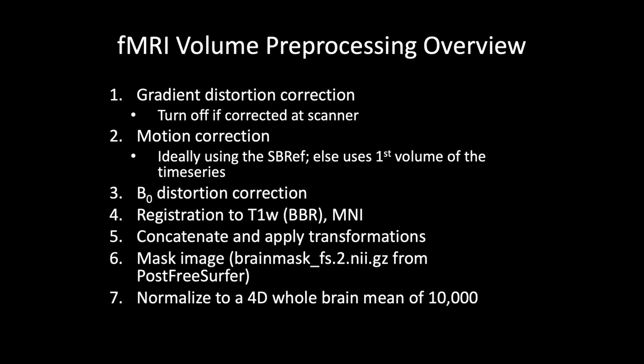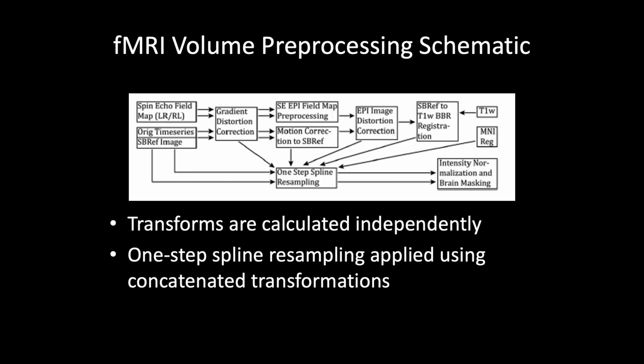And then it masks the image so that you're now left essentially with just the functional image itself without any noise outside the brain, and then they normalize it, which is pretty standard for what you've seen with AFNI and other tools. And this is just kind of what the volumetric schematic looks like. And so as I mentioned before, all of these transforms are independently determined, and then they're applied in one step.